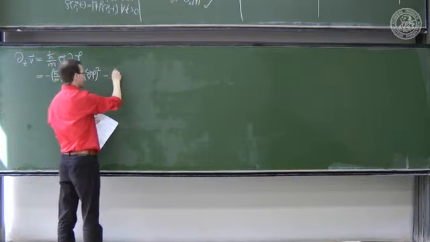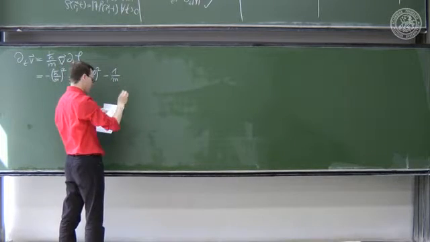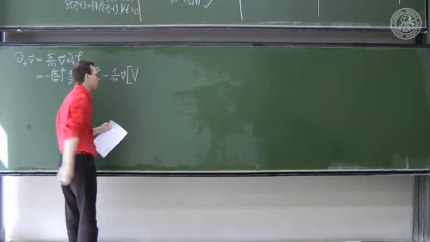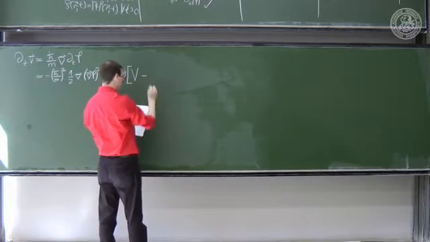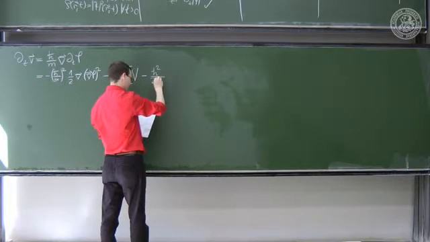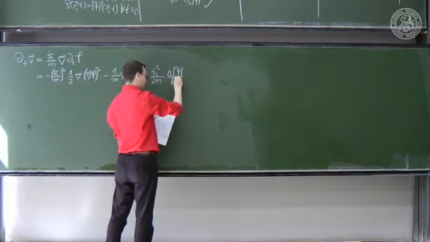Then there are other terms. There's, if I collect all the prefactors, minus 1 over m gradient V, the external potential, together with another term, namely this minus h bar squared over 2m Laplace magnitude of psi over magnitude of psi.